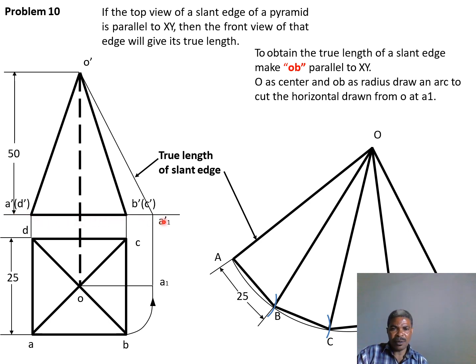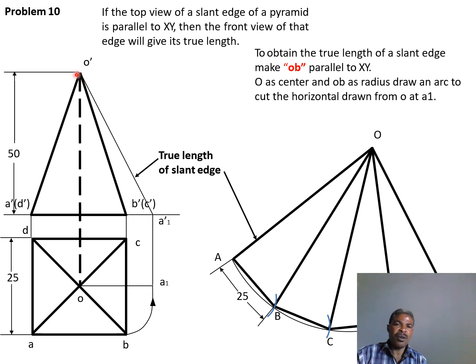So this line here, where it touches a prolonged line that was projected vertically, parallel to the line BC, until it touches the horizontal line for our base of the pyramid. So it intersects at A1 dash. At A1 dash is a point where a line, which we term the true length of a slant edge, goes now to O dash.